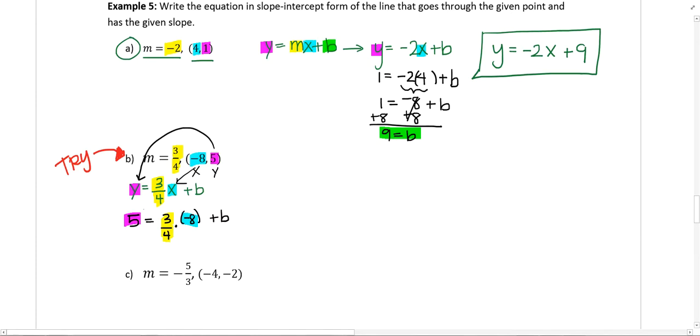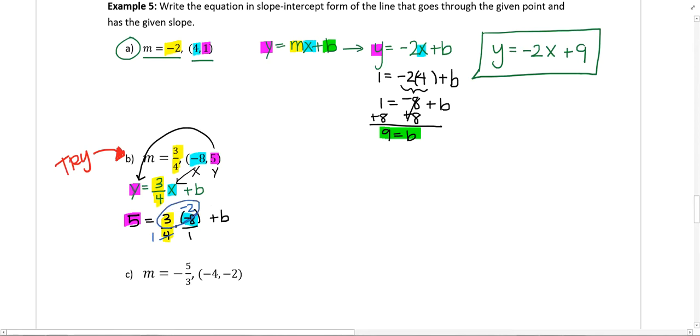So now I have this equation, and I need to solve for b. Most students get a little scared by this one because it's got fractions. Take the -8, put it over 1, and I would check to see if we can cross cancel. Does 4 and 8 have something in common? Yes, they do. 4. 4 goes into 4 once, 4 goes into -8 -2 times, and then you just multiply across.